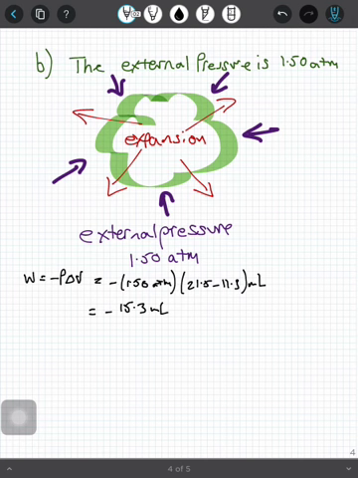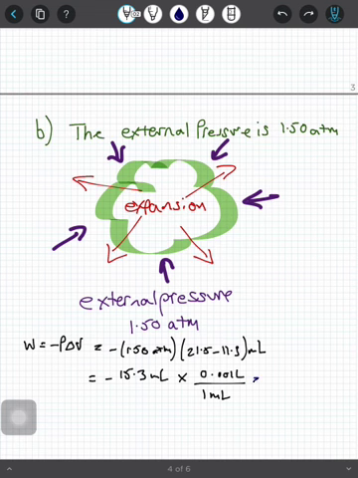Now we're going to want to convert this into litre atmospheres, so multiply by 0.001 litres divided by 1 mL, and that gives us minus 0.015 litre atm.